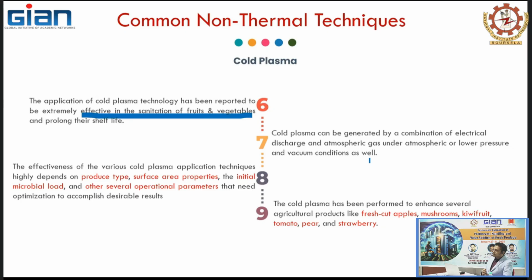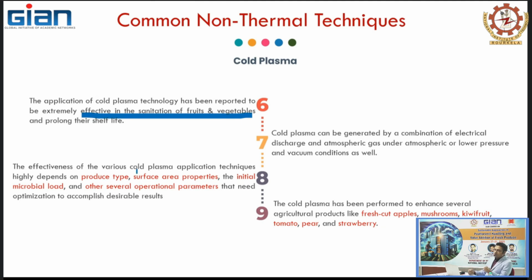There are a number of options with cold plasma generators, and sometimes they use vacuum or lower pressure, depending on the product we want to inactivate microorganisms on. So there are a number of cold plasma applications and techniques which depend on what type of product we are using and its surface properties.